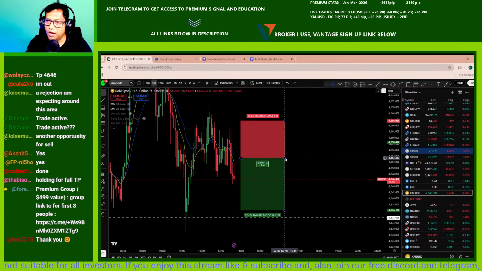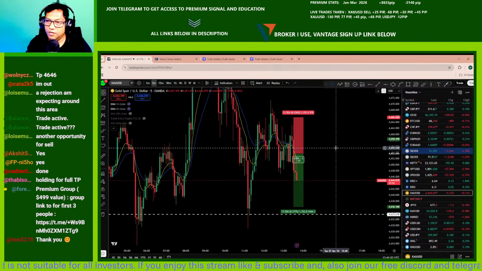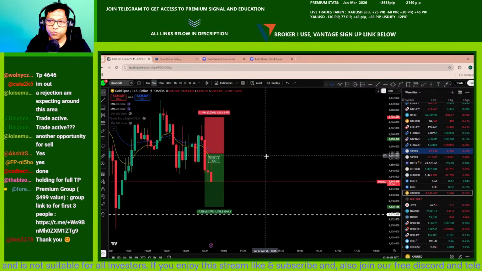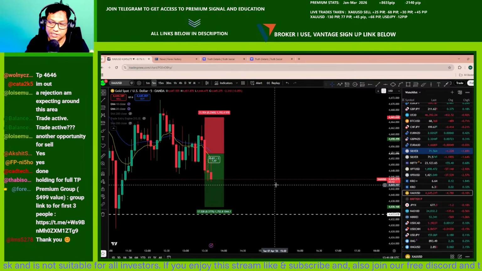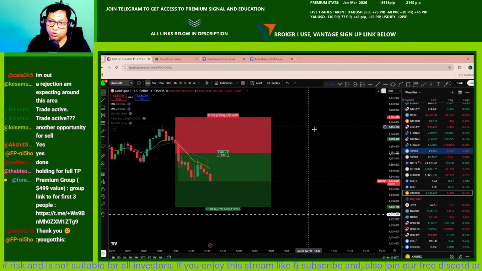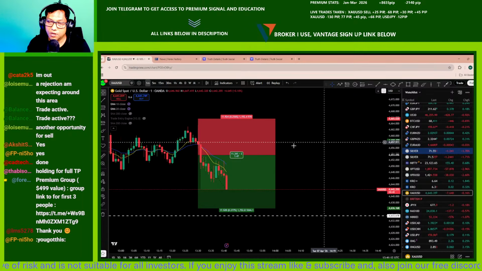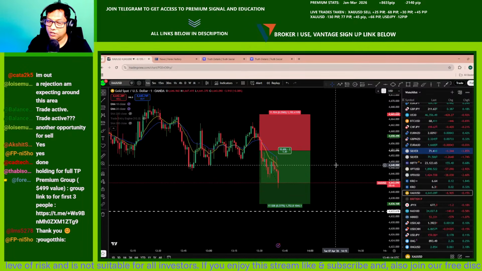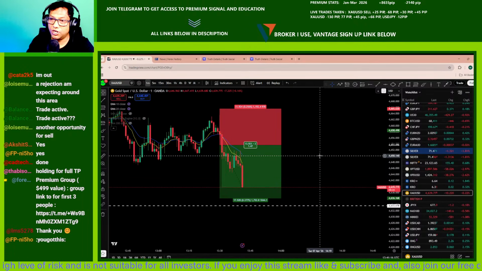It's still showing that the market is potentially coming below here, which could be the price coming down here for another liquidity sweep. If you look, there is a bearish engulfer still maintaining the downtrend.